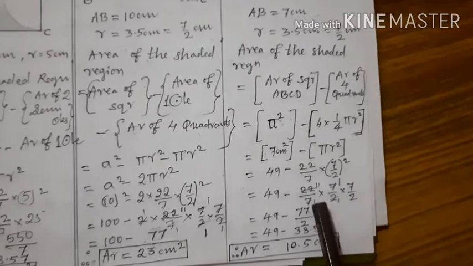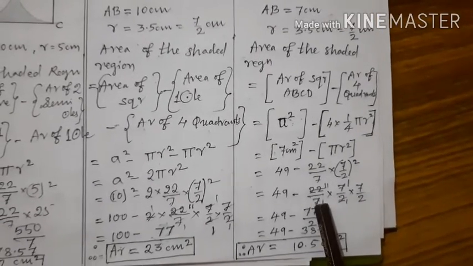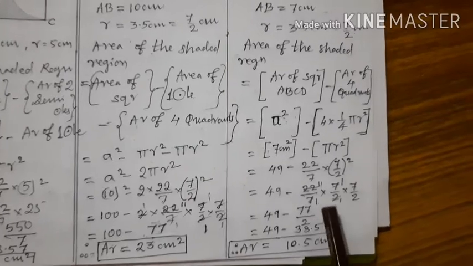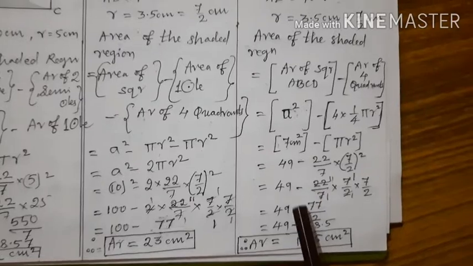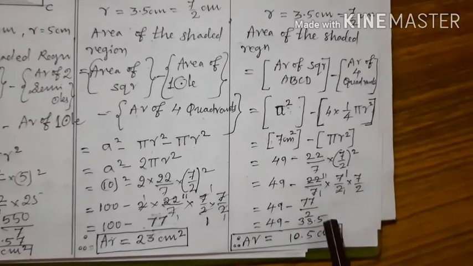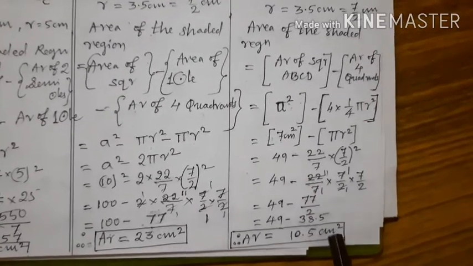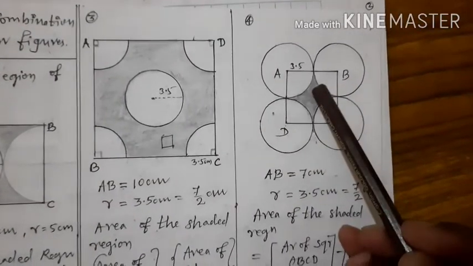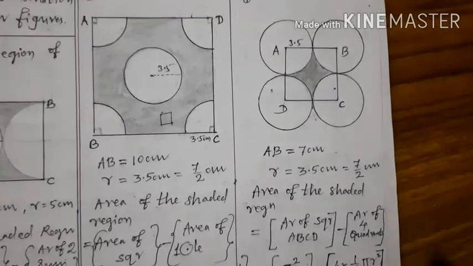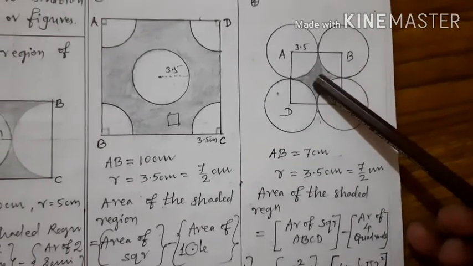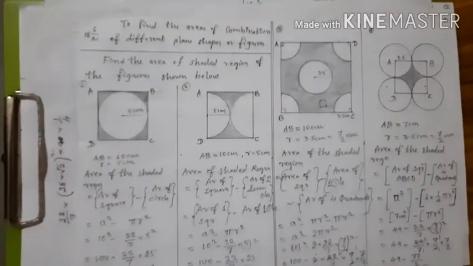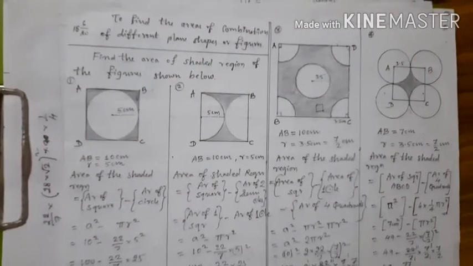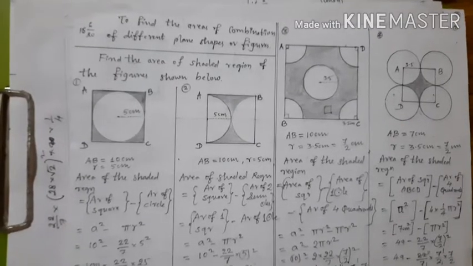Then 11 sevens are 77, 77 upon 2 is 38.5. So 49 minus 38.5 becomes 10.5 centimeter square. Therefore, the area of this shaded region is 10.5 centimeter square.